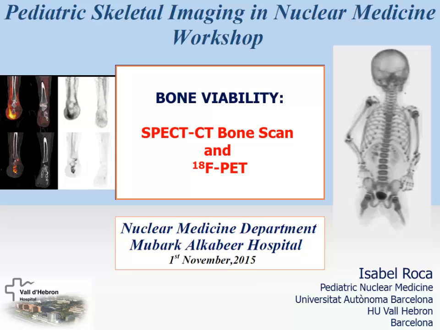Any of you, do you know when the indication of bone viability for bone scan was first described? No? Well, in fact, it was at the end of the 70s in a French hospital, I think in Grenoble, and they described the bone scan to determine the level of amputation in feet and hands.